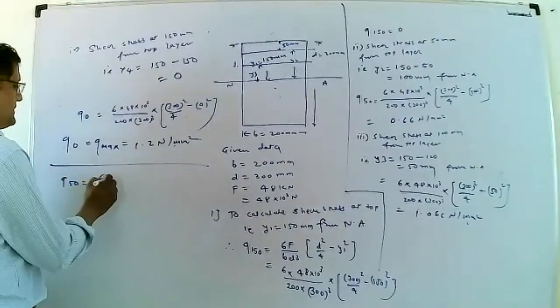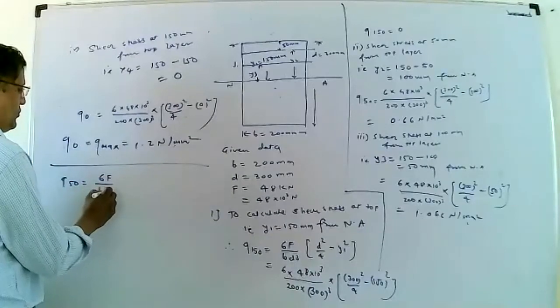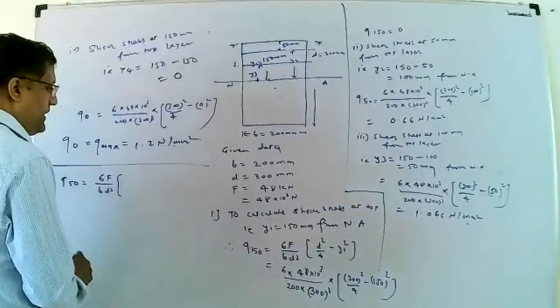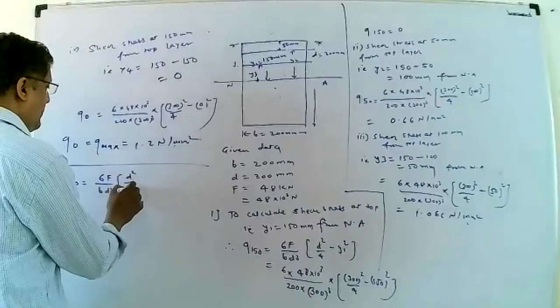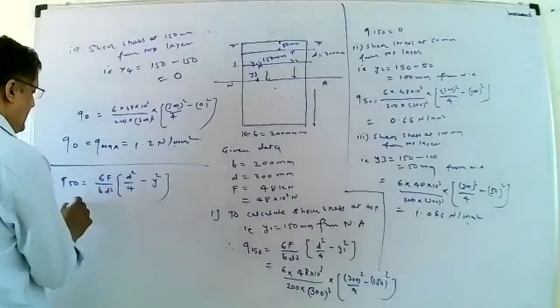The formula will be the same: 6F upon 8 b, in bracket d square upon 4 minus y square.